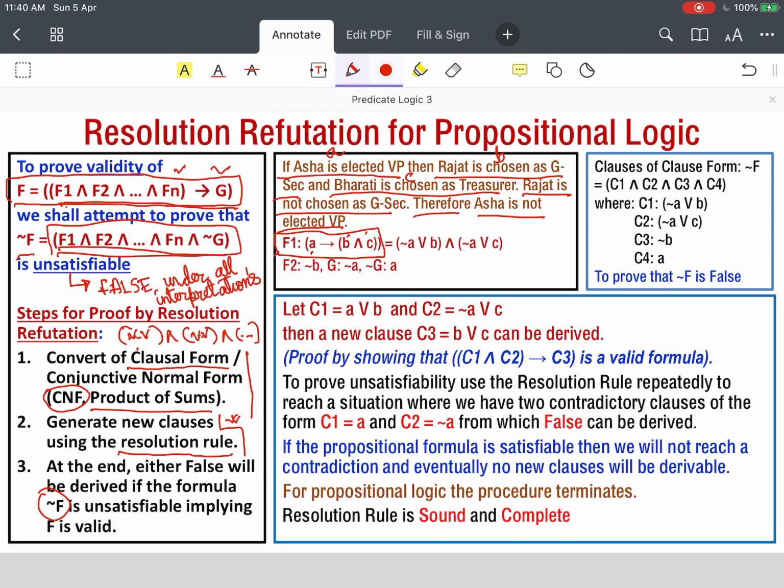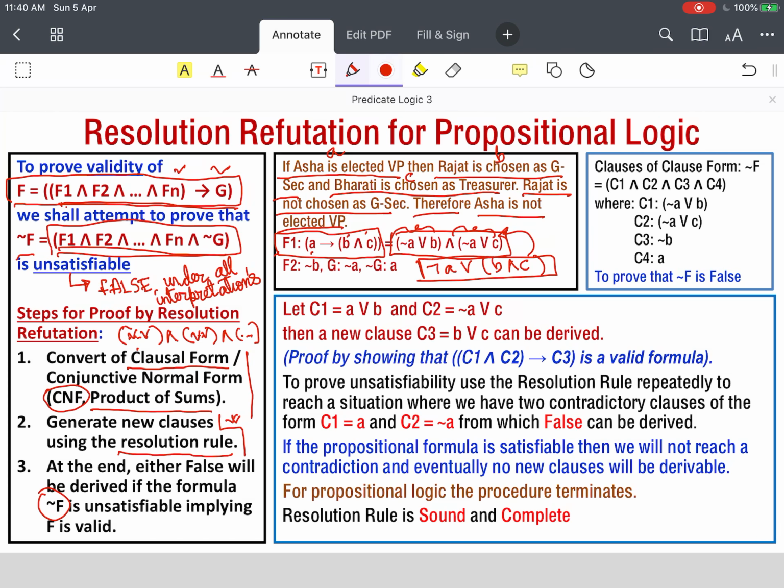And if we convert it to a product of sums form, we apply the distribution law. This becomes not A or this and this. So this formula would become not A or (B and C), which if you distribute this across this, you will get this, which is in the form that we want.